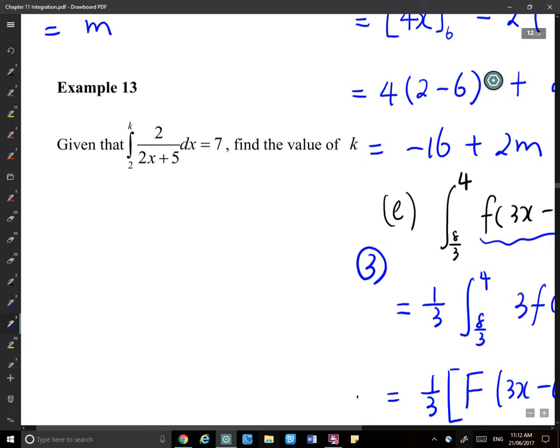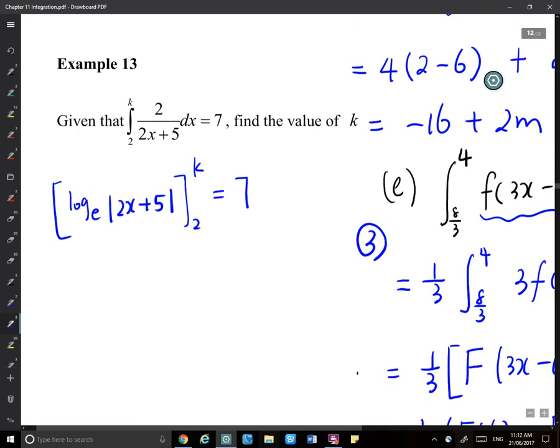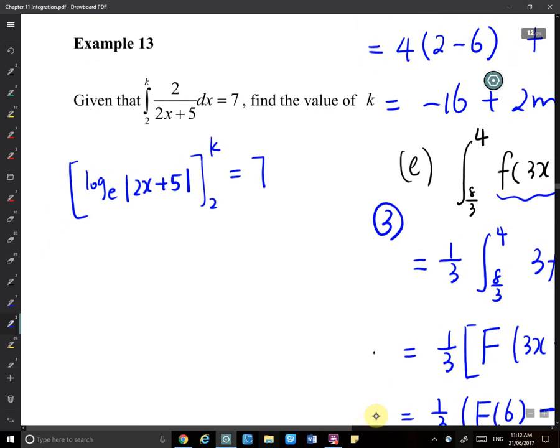So for this one, that is a log e of 2x plus 5. Again, g(x) at the bottom, g'(x) on the top. What you put is 2 to k. That equals 7. So log e of 2k plus 5 minus log e of 9 equals 7.